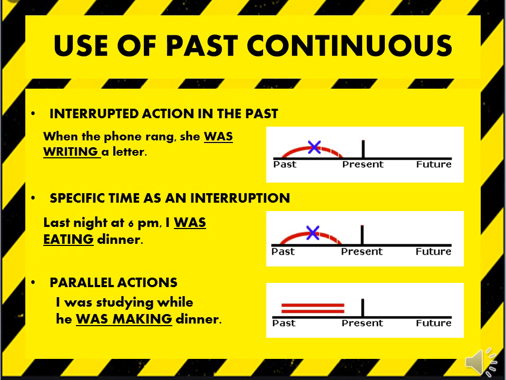We can understand it by the sentence that at the time I was studying, he was making dinner. So these are 2 actions. Someone is studying and the other person is making dinner. Both of the tasks are happening at the same time. So when 2 actions are taking place in parallel ways, we can use past continuous tense to explain that.